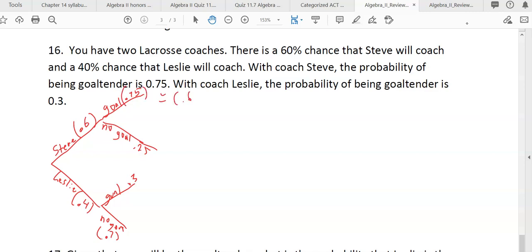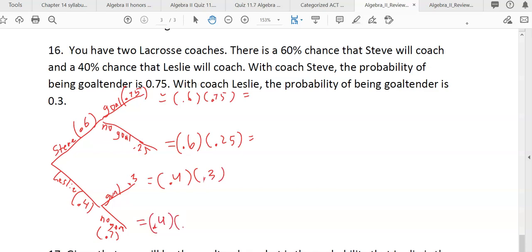So you want to multiply 0.6 times 0.75. This one you want to multiply 0.6 times 0.25. This one would be 0.4 times 0.3. This would be 0.4 times 0.7. And these should all add up to 1 or 100%.